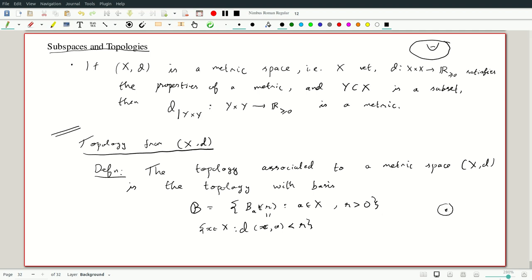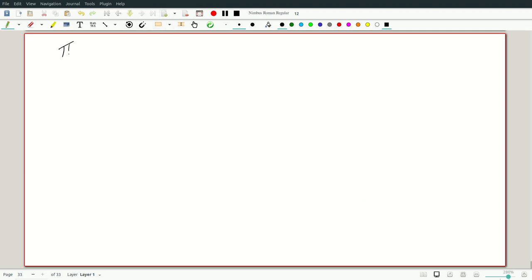This is exactly what we did in Euclidean space. And as we did in Euclidean space, we need a theorem: B is a basis, or rather the basis for a topology.